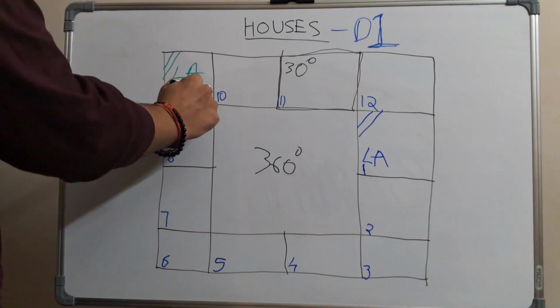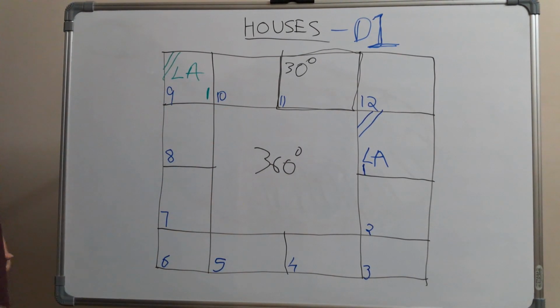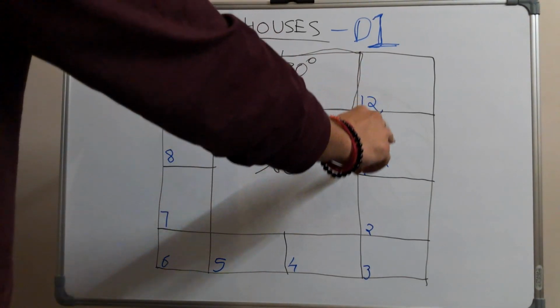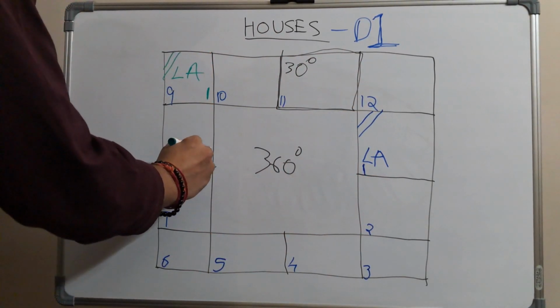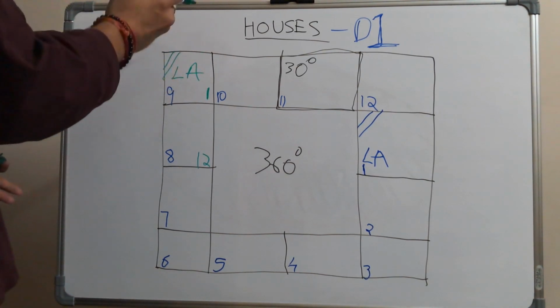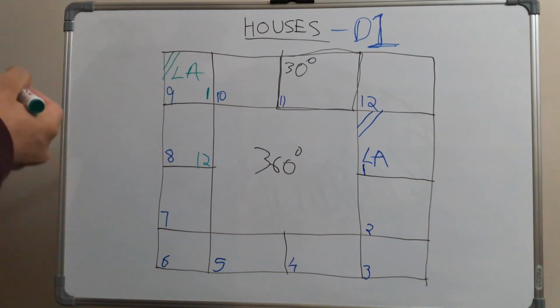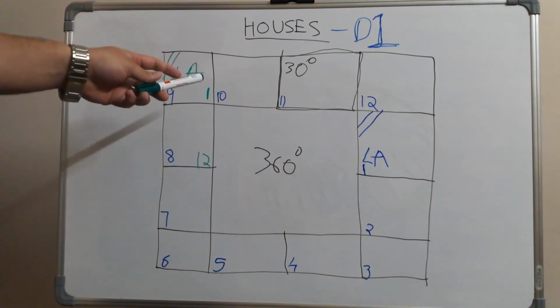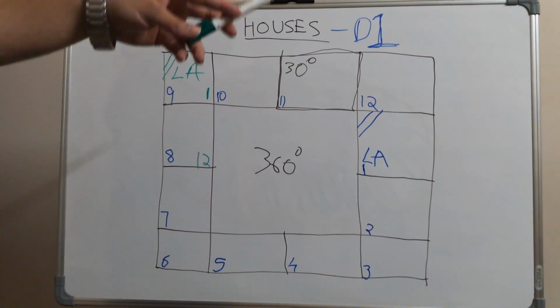So this would become the first house, and from here we would go clockwise, and this becomes the 12th house for this particular Lagna in this particular chart. So I feel so far you have understood the houses.